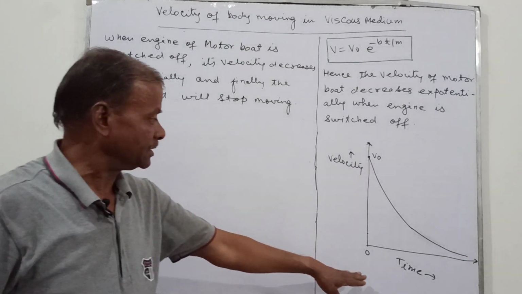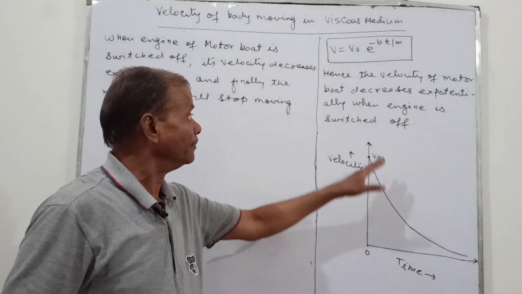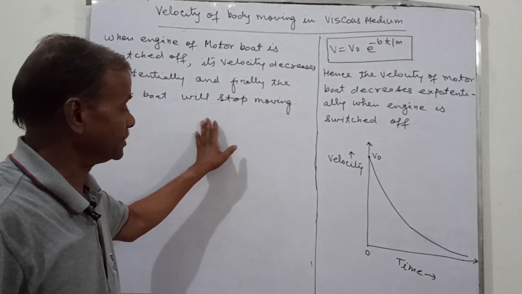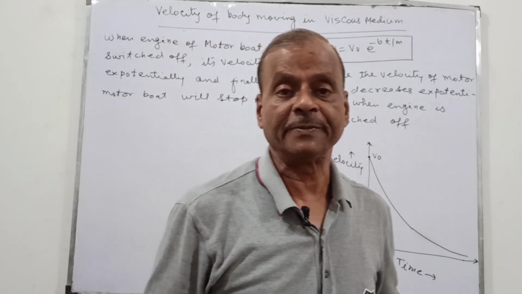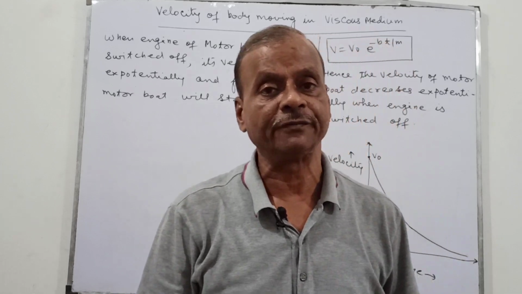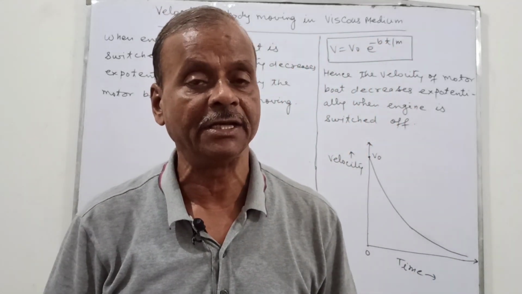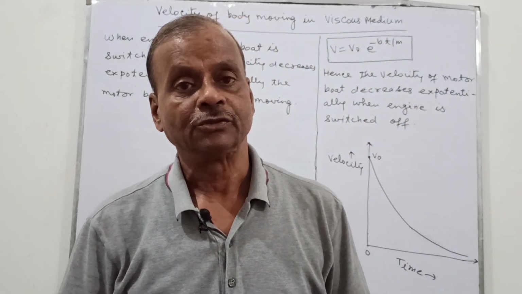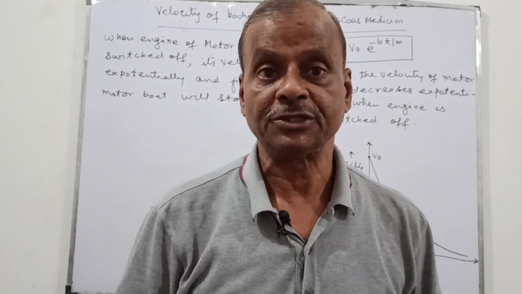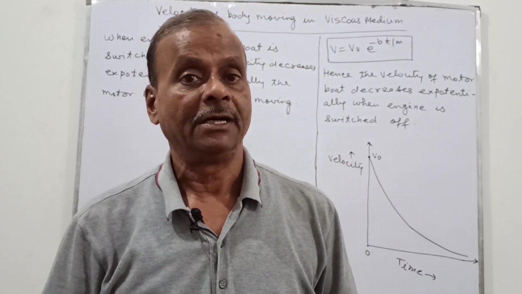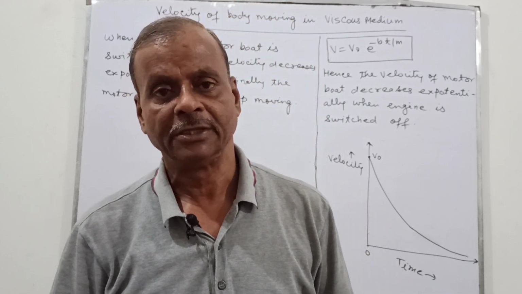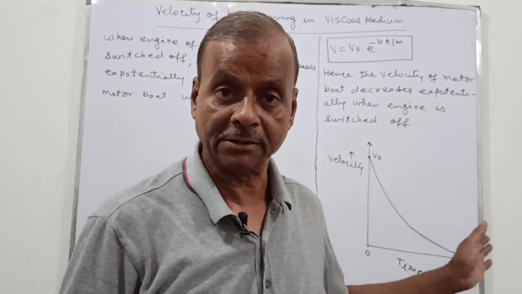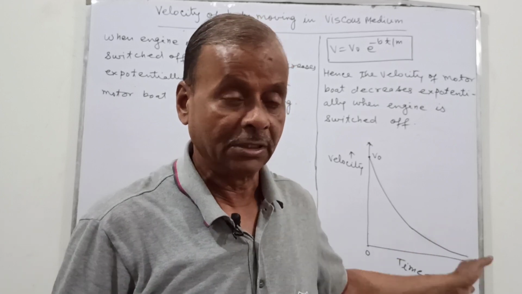So this graph is shown by this equation, and this is the meaning of it. A similar expression applies in the case of the ship, the submarine, and the torpedo. Any object moving horizontally on the water surface or inside some liquid follows this equation.